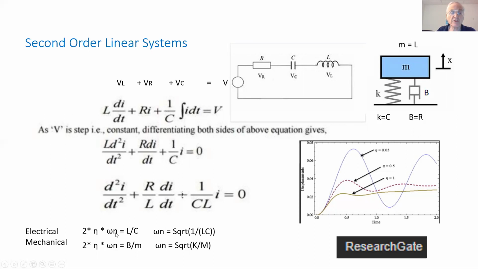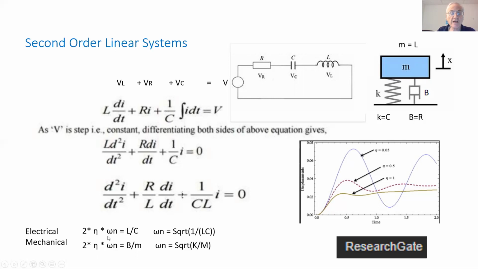We have two parameters. One is the natural frequency, which is the square root of one over the inductance times the capacitance. Henry and Farad will give us radians per second. And the natural frequency of the mass spring damper system is the square root of K over M, stiffness divided by mass. Stiffness is Newton per meter and mass is kilogram.